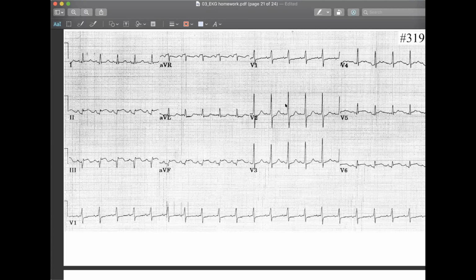Can you repeat what you said about the ST on V2? In V2, you have to compare the ST depression.